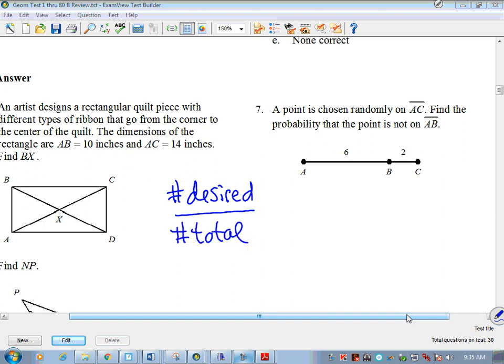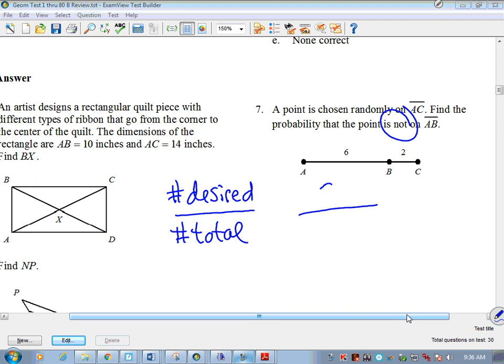All right. So with this, a point is chosen randomly on AC. Find the probability that the point is not on AB. So what is my desired? What number represents the desired? If it says not on segment AB, 2.